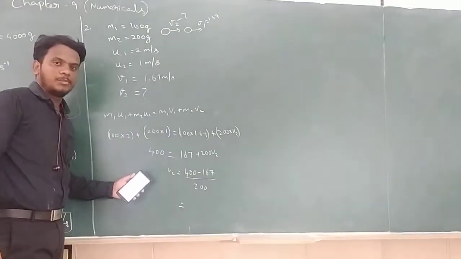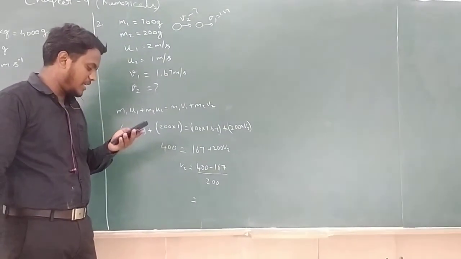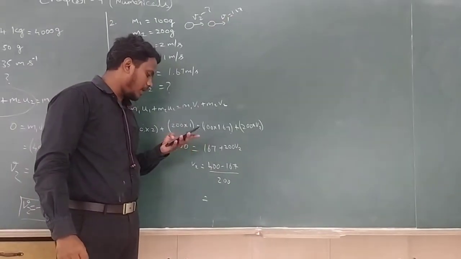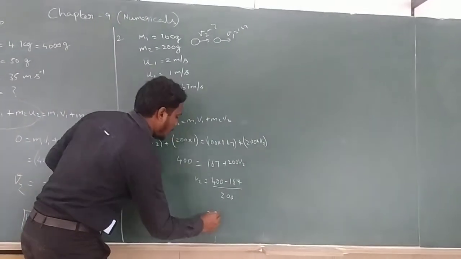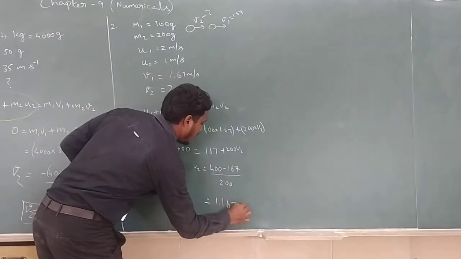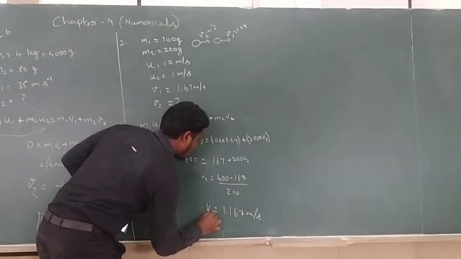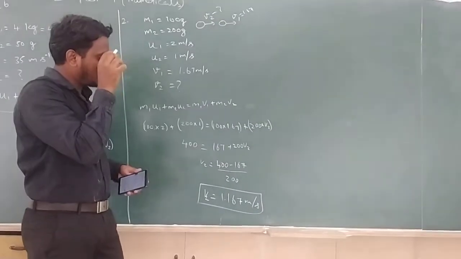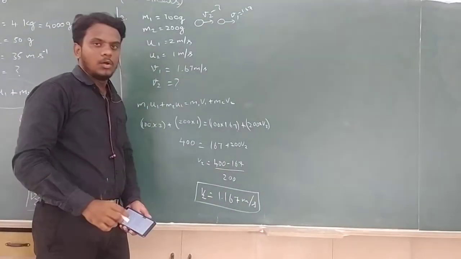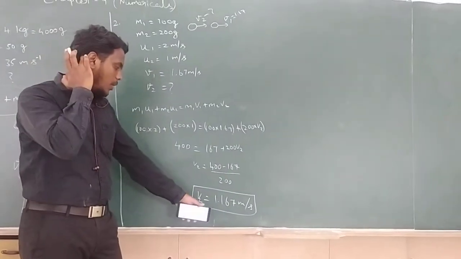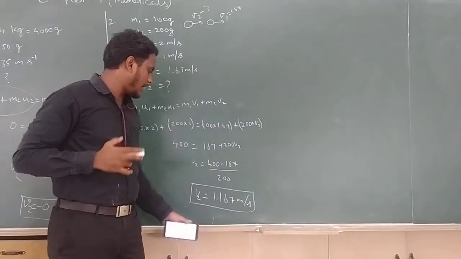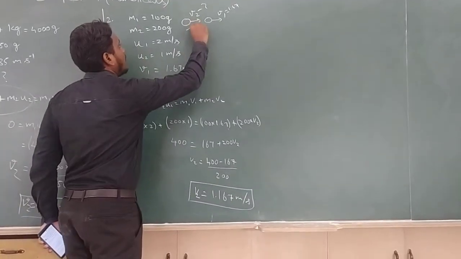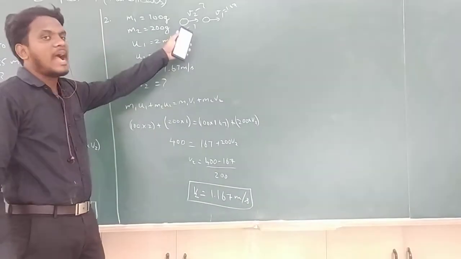This is mathematical simplification. So 400 minus 167 by 200 will be 1.165 meter per second. You just subtract 400 minus 167 and divide that number by 200. We get 1.167 meter per second. That will be the velocity of the second object after collision.